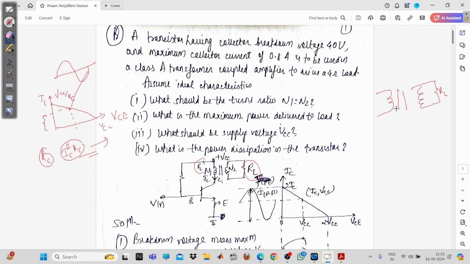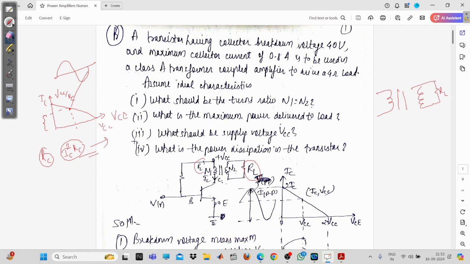Because we don't want the biasing voltage to come in contact with the RL. If it was connected with the VCC, then the collector current would flow through the RL, and there would be a power dissipation. So to avoid that condition, we have used a transformer and we have shifted our RL from primary to the secondary.